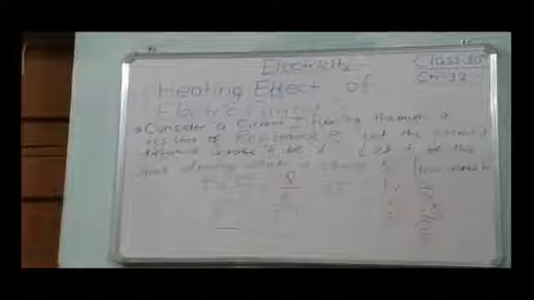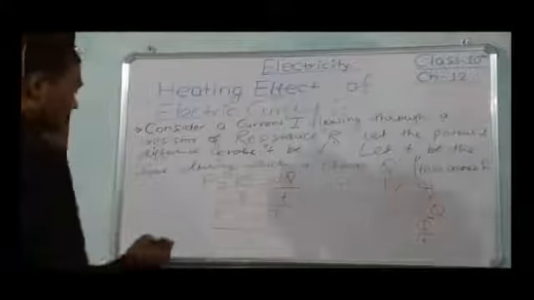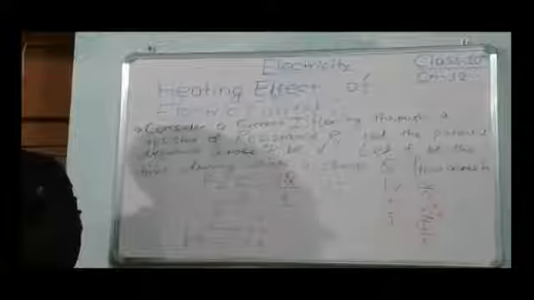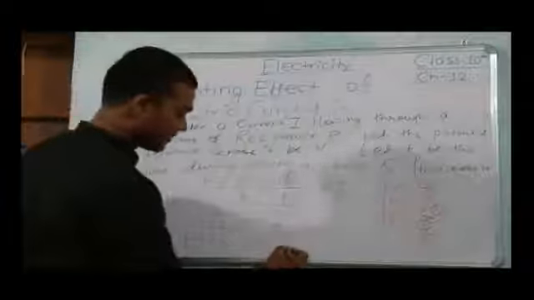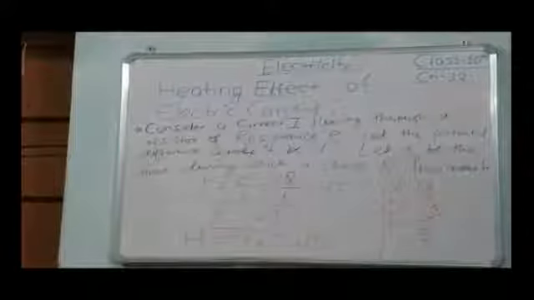Now we talk about heat. Heat produced by any electrical appliance is equal to P into T. When we multiply power and time, we get how much heat will be produced by an electrical appliance. So heat is equal to VIT, potential difference into I into T. According to Ohm's law, V is equal to IR.